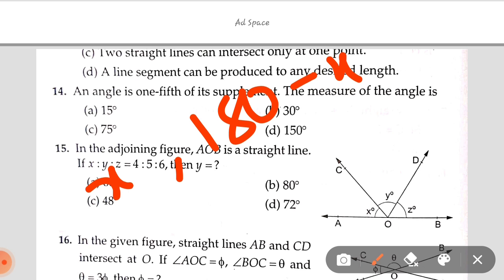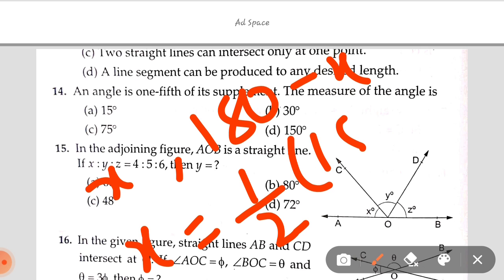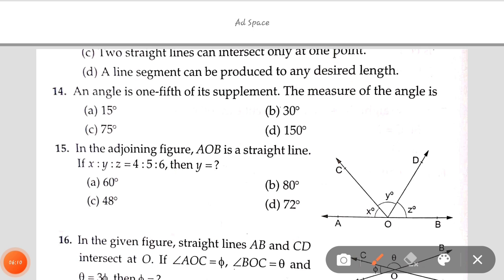If it is the complement, then let the angle be x, and its complement is 90 minus x. Now according to the question, x is equal to one fifth of its supplement, that is 180 minus x.